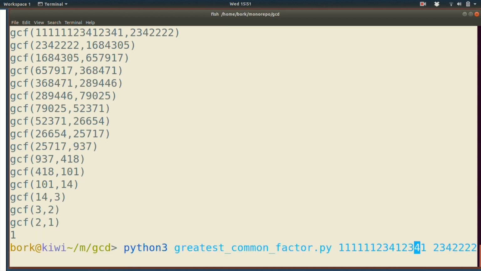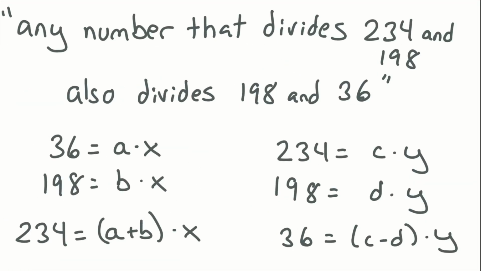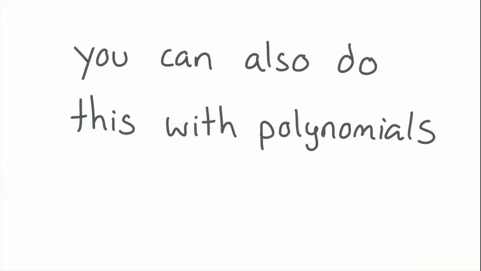But I guess if we put a 2 at the end here, they would both be even. So then the greatest common factor is 2. But yeah, we didn't need to factor those numbers at all, right? And this really simple algorithm, just 6 lines of code, can do it. That's all I have to say about that. I hope it made a little bit of sense. I don't know. You can let me know in the comments.